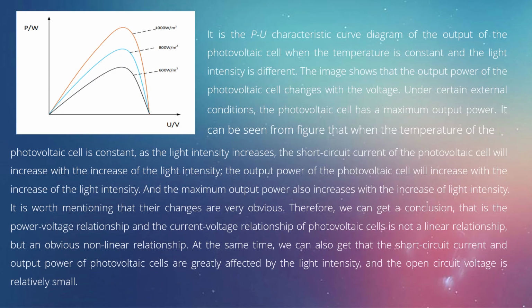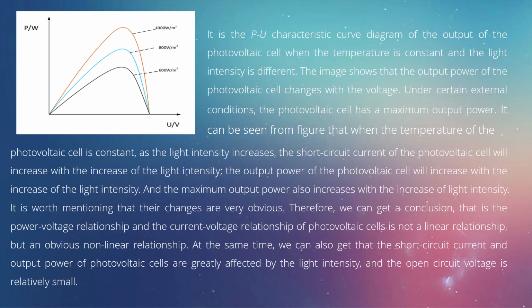It is the P-U characteristic curve diagram of the output of the photovoltaic cell when the temperature is changed. The image shows that the output power of the photovoltaic cell changes with the voltage.